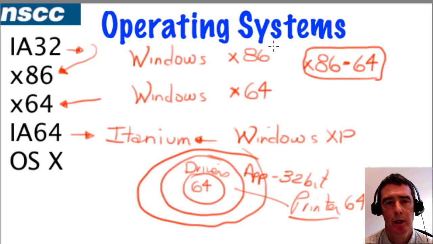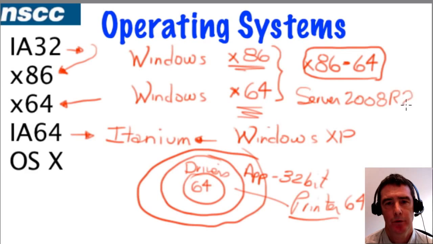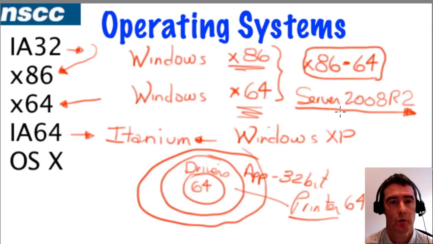And even today, Microsoft produces Windows still with 32-bit versions and 64-bit versions. On their server platform, starting with Server 2008 R2, which is a Windows 7 core, they have stopped supporting 32-bit versions. There's only a 64-bit version of that.